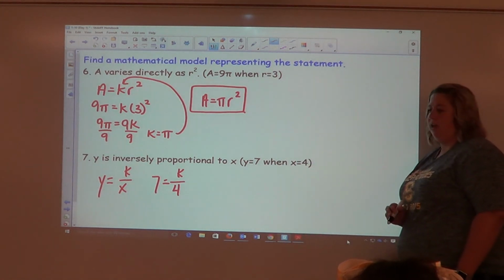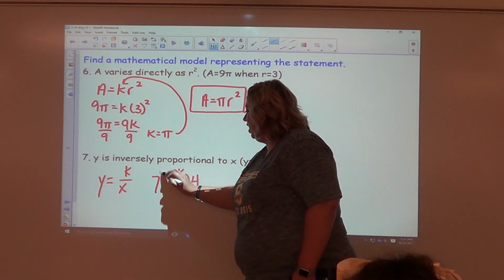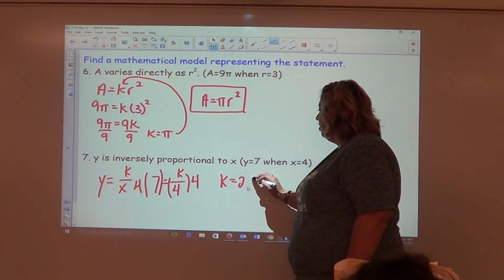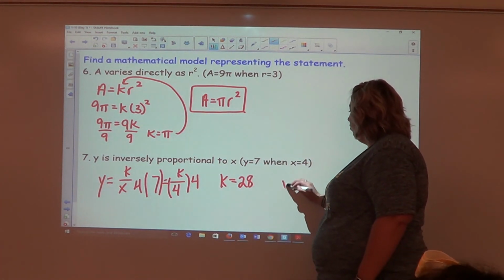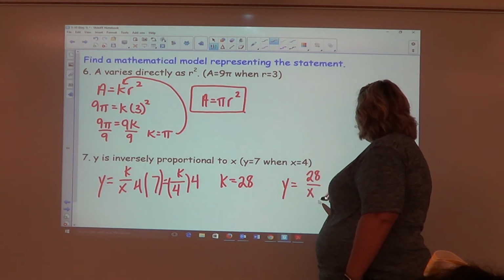So how would I find k? Multiply by 4. So k equals 28. And then I plug that back in. So I have y equals 28 over x.